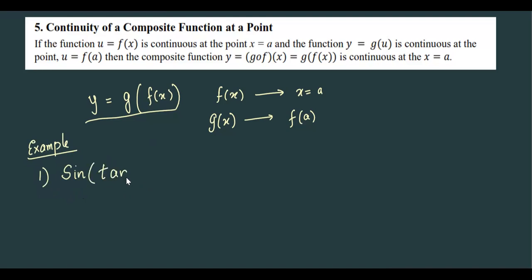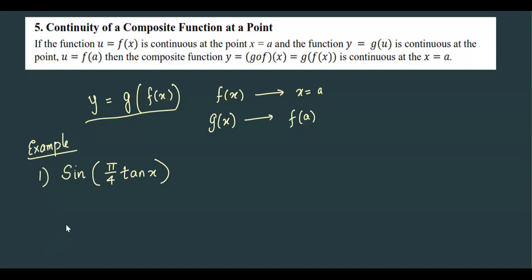This is a function. Now, in fact, I'll do it like this: sine of pi by 4 tan x.